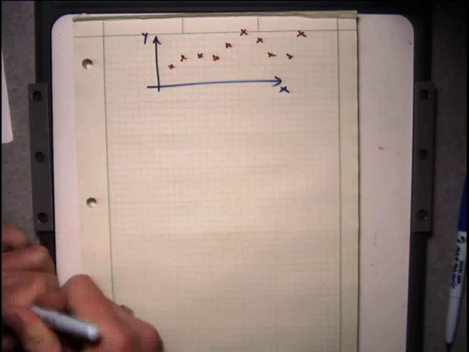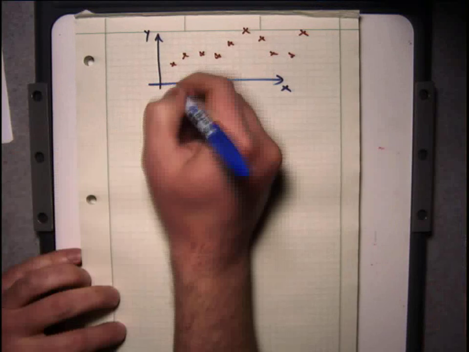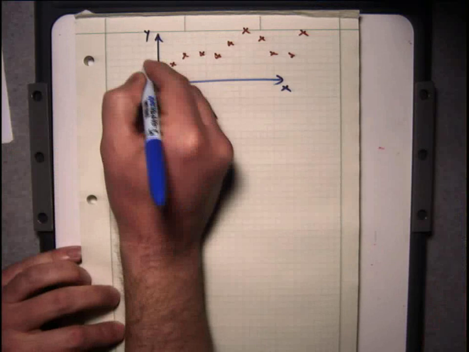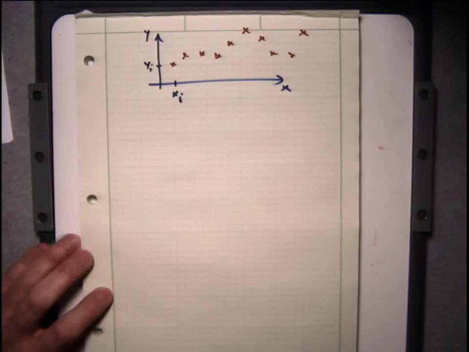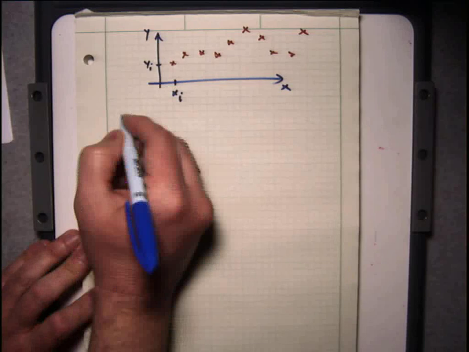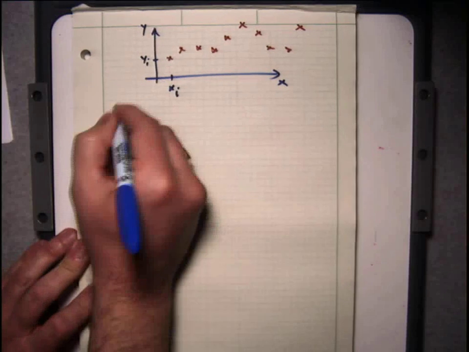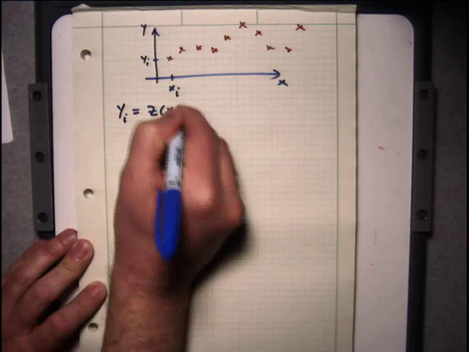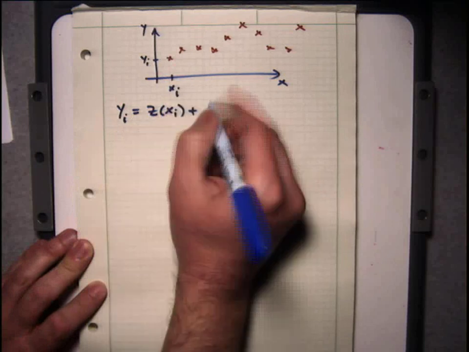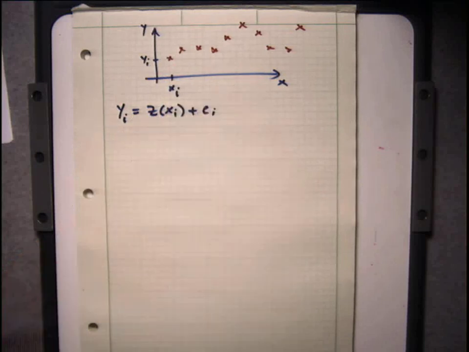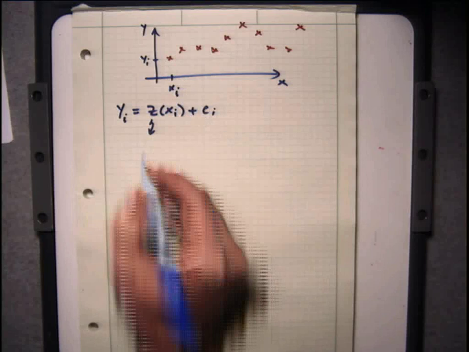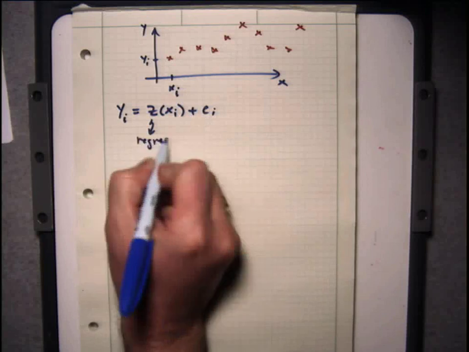Okay? And so at each one of these points you have xi and yi. And so the idea here is you write a model that looks like this: yi equals z of xi plus, let's say, some error ei. Okay? Now this function z, we call this the regression function.